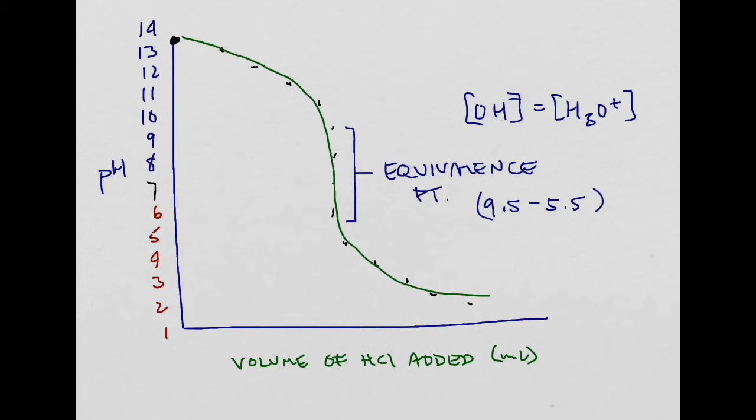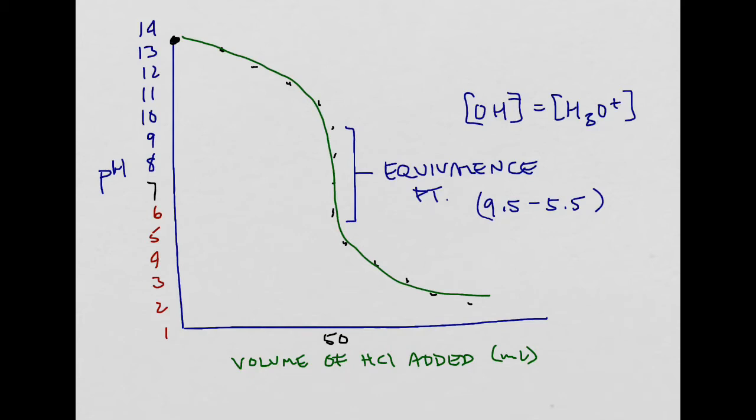Now, what you shouldn't be too surprised to see here is that this equivalence point is going to happen when I add in about 50 milliliters of that hydrochloric acid, right? Because it's the same concentration as the sodium hydroxide. They're both 1 molar solutions.